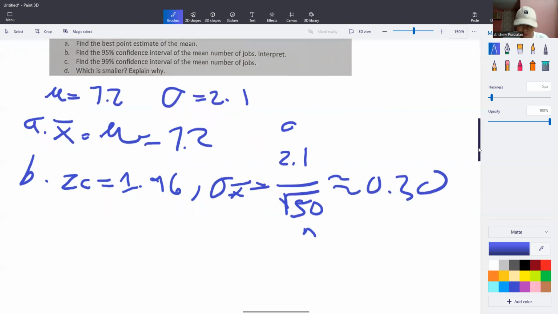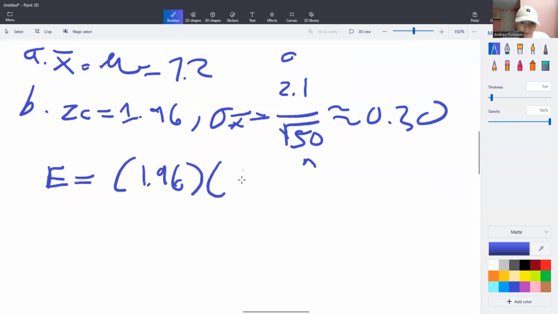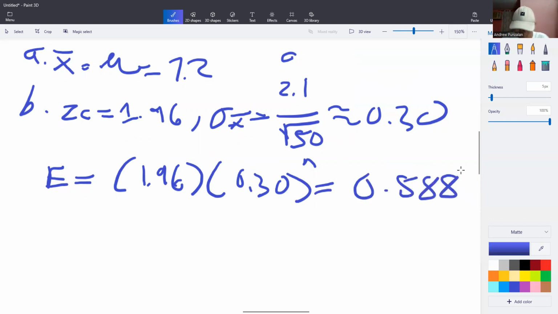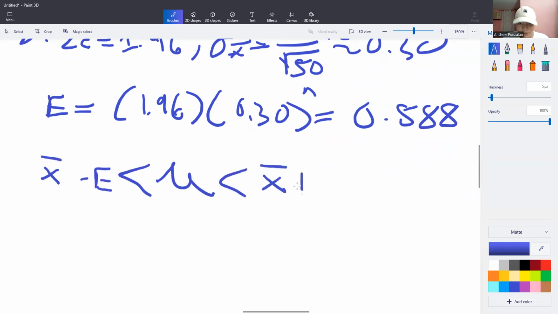Next, we find the margin of error, or E. To get the margin of error, you multiply the ZC by the standard error. So 1.96 times 0.30 is equal to 0.588. And next, this is the formula: mu in between x bar minus E, for margin of error, and x bar plus E. You substitute, you have all these values already.